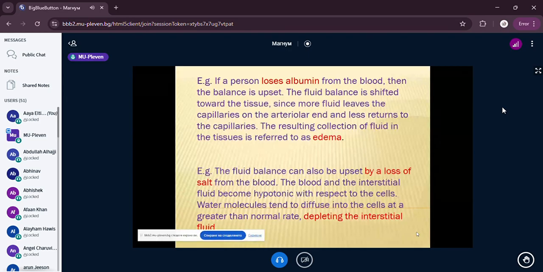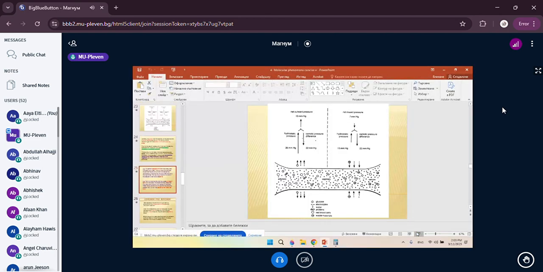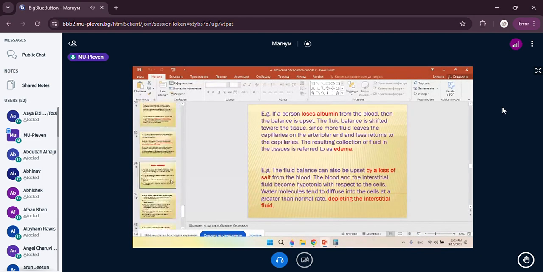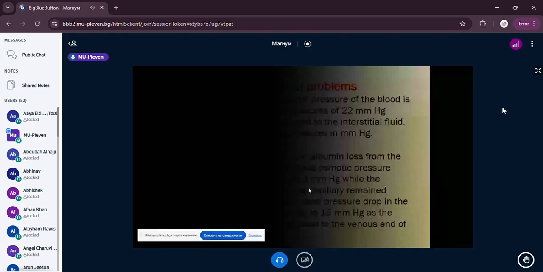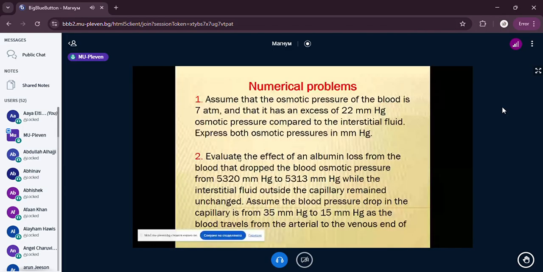So thus, some applications of this, which we can discuss on the basis of the same example. That problem you can find in the red book. So now let us read the whole problem. Suppose there is an albumin loss from the blood that dropped the blood osmotic pressure from this value, the normal one, 22, to 15.